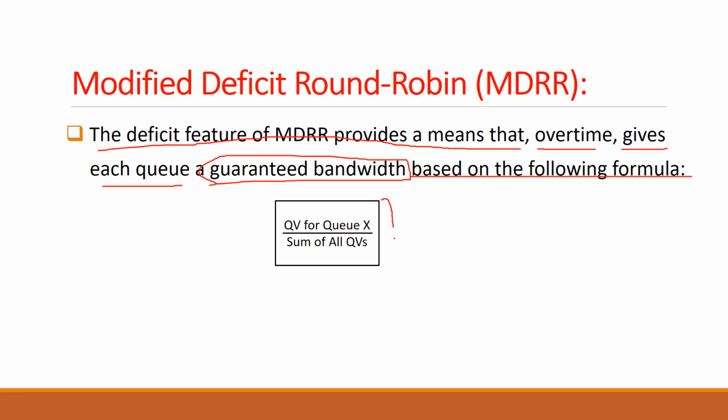So this formula guarantees a specific bandwidth for each queue, and this comes to an end of the modified deficit round robin, and we will not give an example of configuration for it.